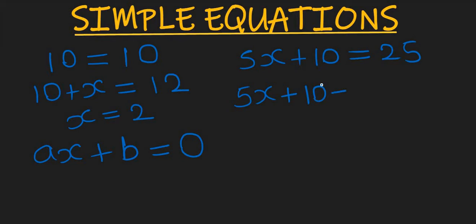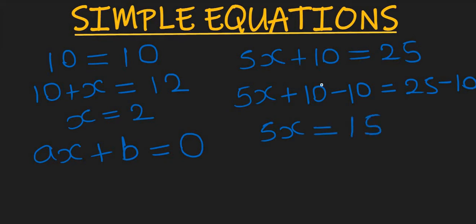We can do that by deducting 10 from plus 10. Therefore, 25 minus 10. We get 5x plus 10 and minus 10 will get cancelled off. 25 minus 10 is 15.